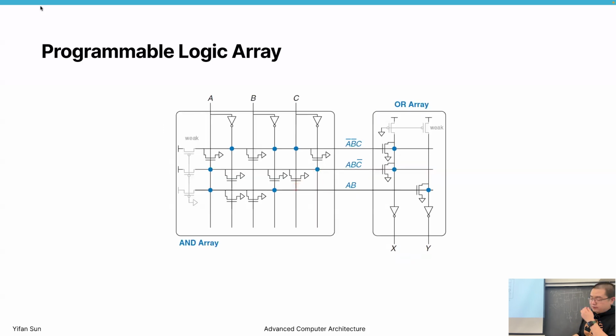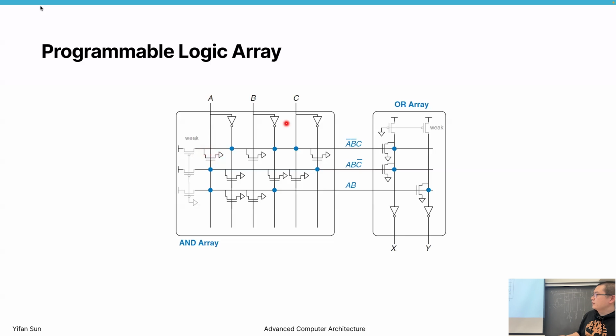See if you can understand this. You can consider this is a power, right? This is a gate. So this gate is controlled by A. If A is 1, then the power will drain to 0.